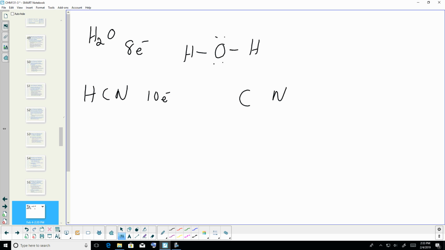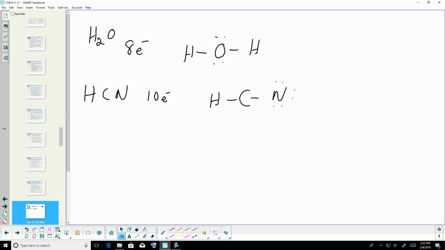So here's nitrogen, here's hydrogen, here's my single bonds. So next thing I got to do, hydrogen is fine, I got to give the nitrogen a complete octet. 1, 2, 3, 4, 5, 6. So now the nitrogen's got 8. The hydrogen's got 2. I've used how many? 10. Is everybody happy? No. How many's around the carbon? 4. 2 here and 2 here.